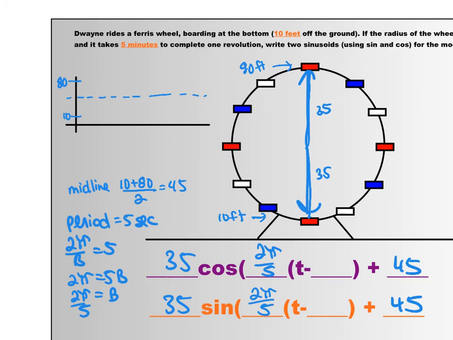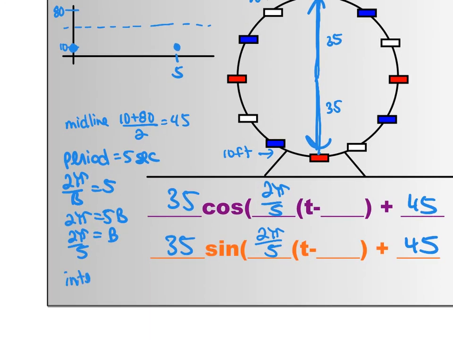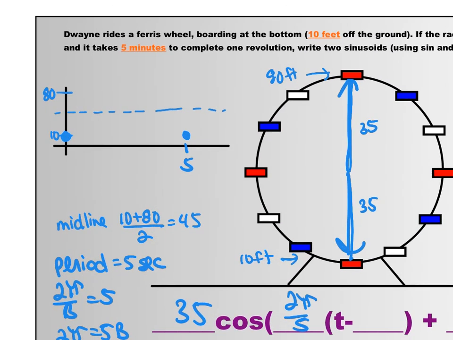Okay, so I'm going to graph this. My Ferris wheel starts at 10 and it ends at 10 after 5 seconds. So I'm going to have to find my intervals by dividing 5 by 4. Take the period and divide it by 4 and you'll find your interval. So that would be 5/4, 10/4, 15/4, and I need to erase this 5.